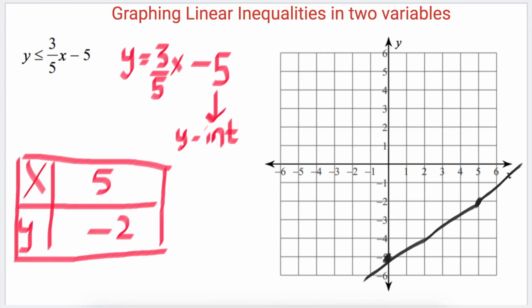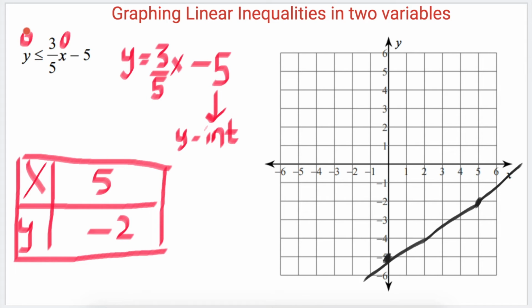The final step is to determine how we show the inequality. We need to either indicate all the infinitely many values that are above the line or that are below the line. And the way we do this, we're going to use the zero test. In our inequality, I'm going to substitute 0 for y and 0 for x.